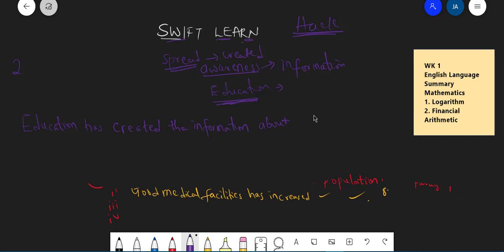Instead of human welfare and health, I'll say about good health. Now let me see if I make any error, because you have to reread your sentence. Education has created the information about good health, or has propagated. Instead of spread, instead of created, I will change it to propagated. Oh, I've erased this.